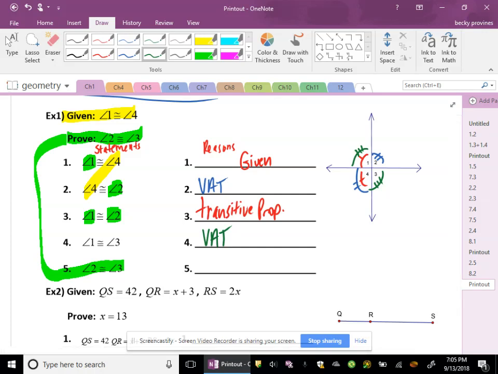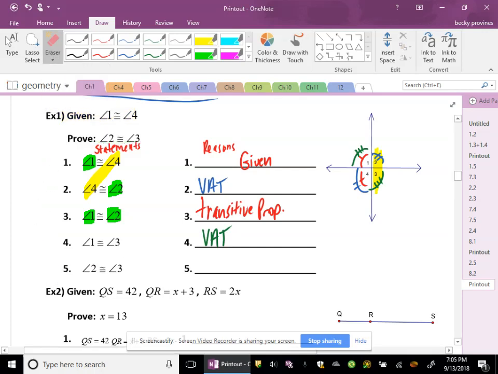Okay, last step. We're trying to prove angle 2 and angle 3 are congruent. Now, if you look at the picture over here, we don't have any markings that show angle 2 and angle 3 are congruent, do we? Okay, so the picture doesn't help us. So let's go back to the proof and see if we can look back at previous steps to help us.